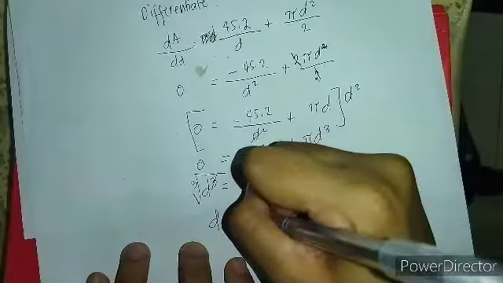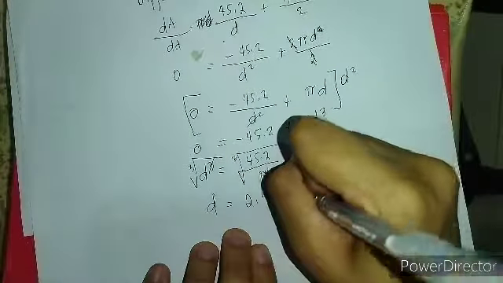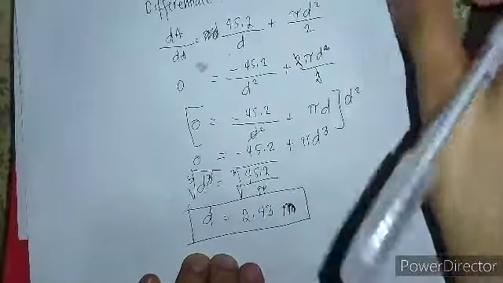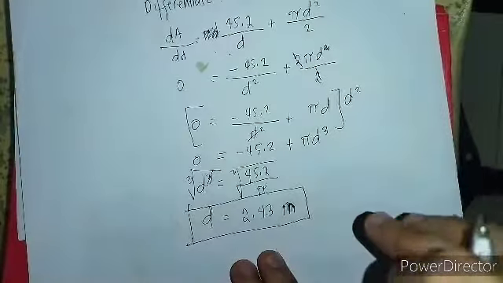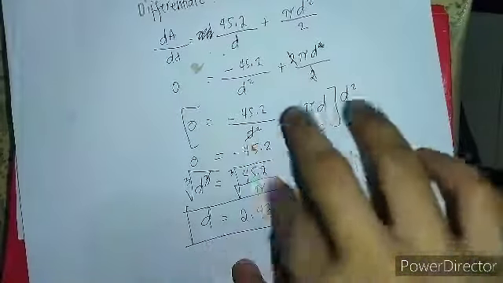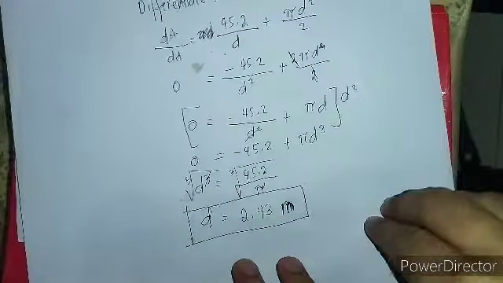We have the value for our d is 2.43 meters. So this will be the answer: the diameter of a closed cylindrical tank having a volume of 11.3 cubic meter to obtain a minimum surface area.